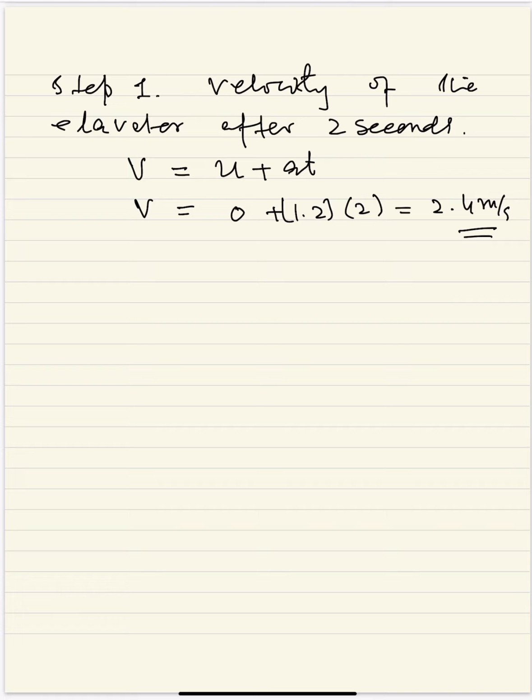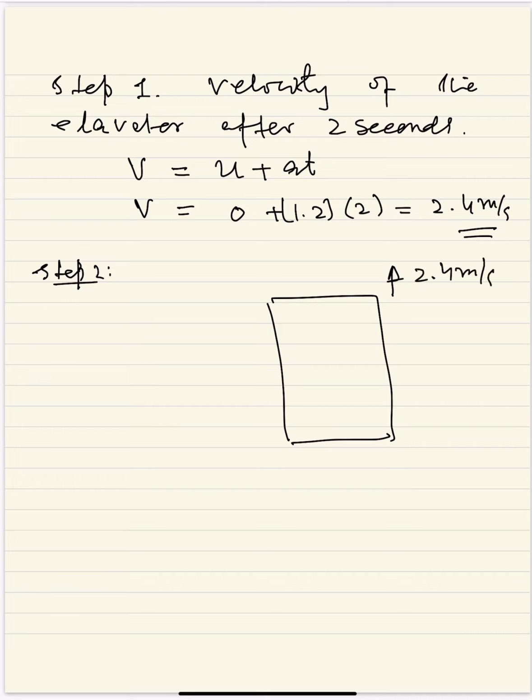Now step number 2. That is, now the elevator is moving up with velocity 2.4 meter per second, and acceleration of course is 1.2 meter per second square.